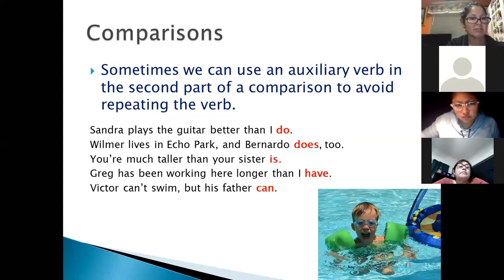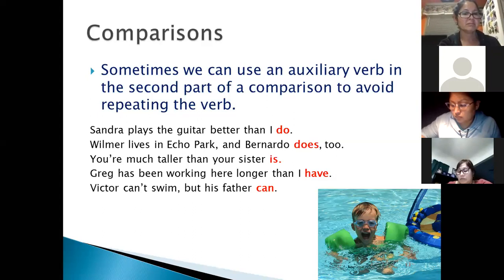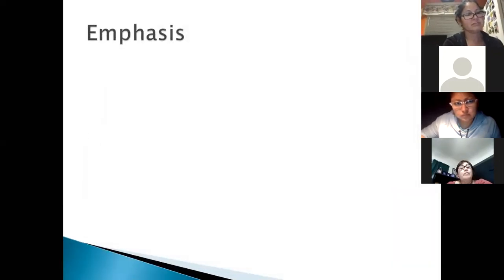We're going to have a whole big lesson about these comparisons on another evening, so I don't want to spend too much time on it tonight. But just know that do, does, did, can, could, have, we can use for comparisons. All right? And again, this PowerPoint is going to be in your notes for tomorrow anyway.